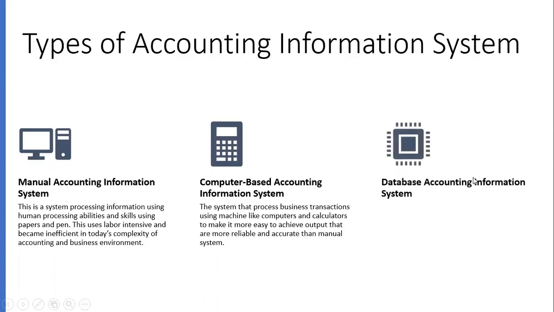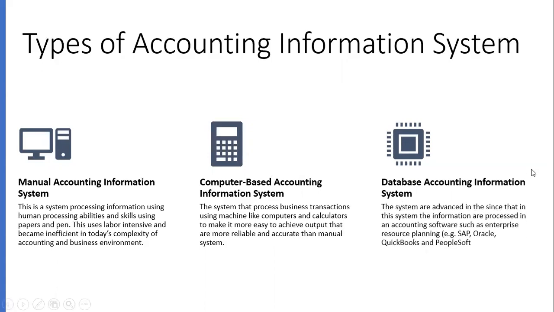Another one, which is more advanced, is the database accounting information system. This system is advanced since the information is processed in accounting software. It may be accounting software that you buy or use online, such as enterprise resource planning software like SAP, Oracle, QuickBooks, or even PeopleSoft. These are the common accounting software.